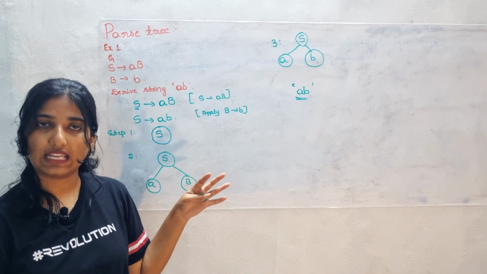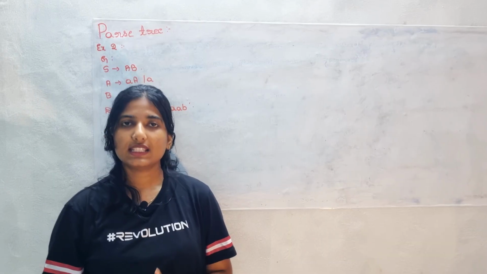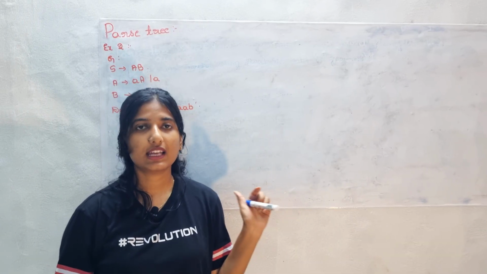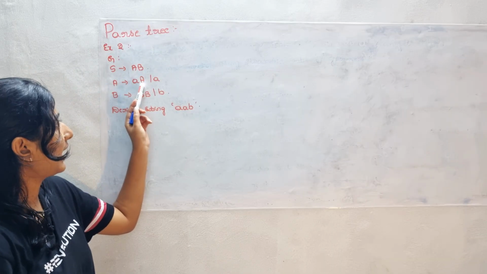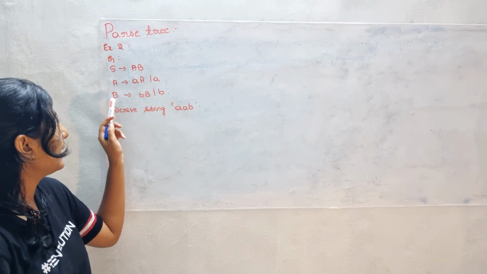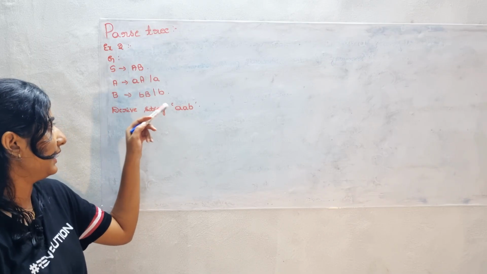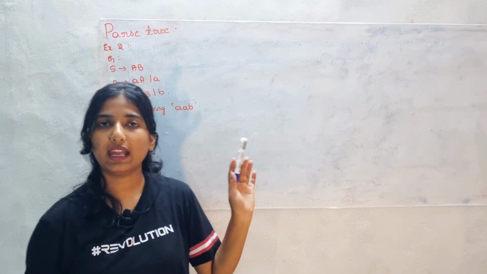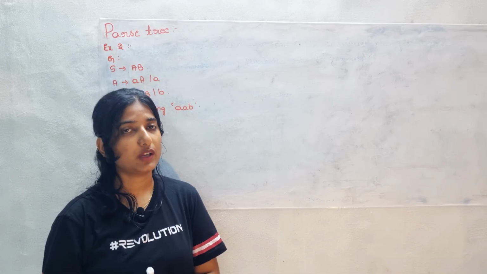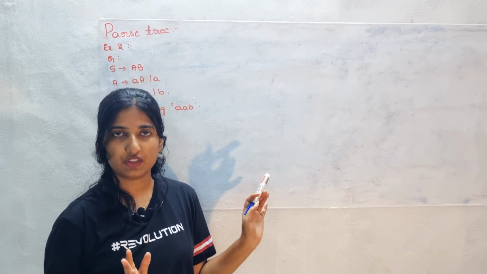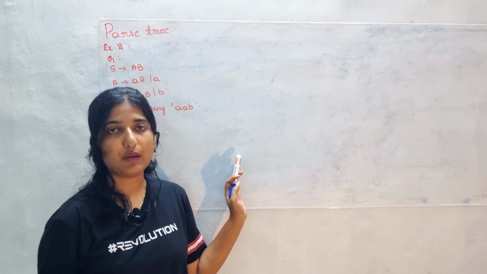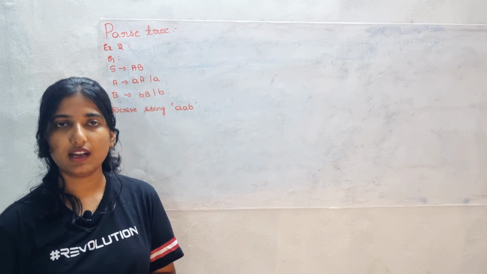Now let us solve the second example. Example 2: the grammar is given like this. S derives AB, A derives a or aA, and B derives b or bB. So we have to derive the string ab. What I am going to do is, the work is for you guys: you have to write the normal derivation on your own. Here I am going to start with the parse tree only.